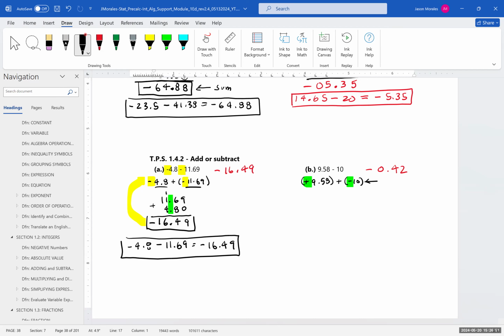Again, notice that I am lining up the decimal points. And 10 didn't have a decimal point or any zeros following it, but we need to put zeros in here for placeholder reasons and for simple subtracting reasons.